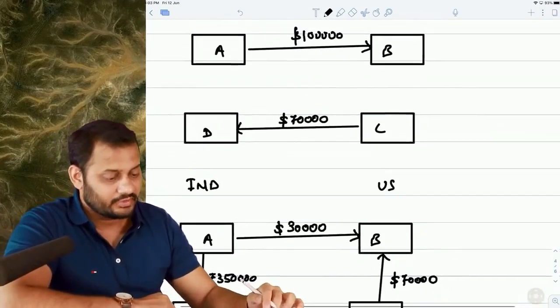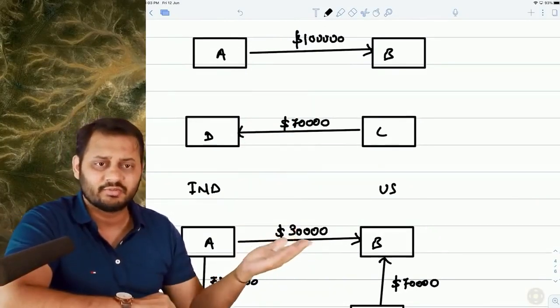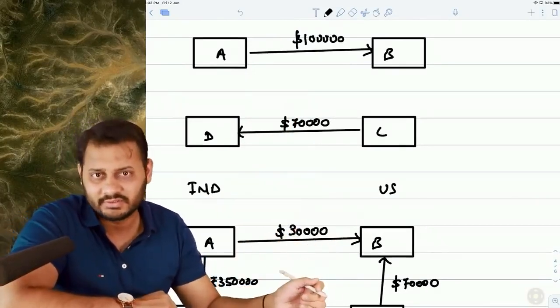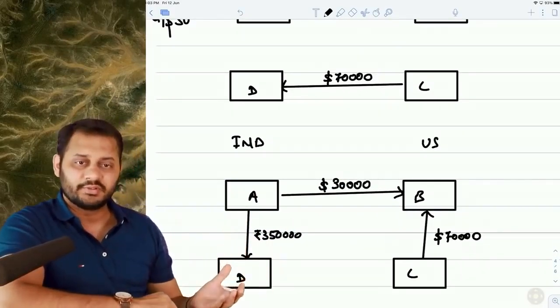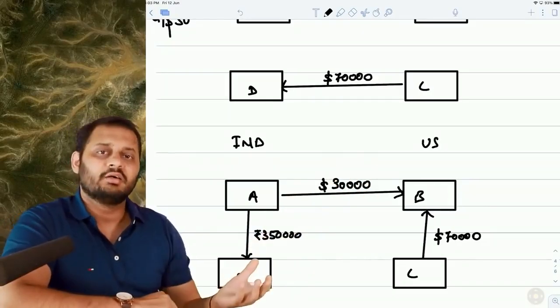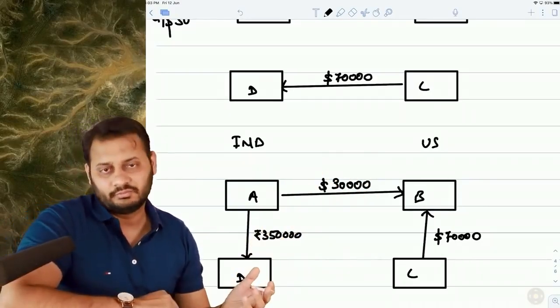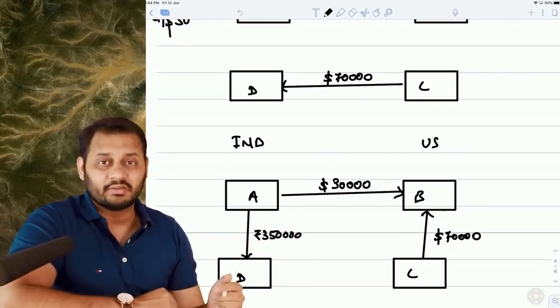Now, from the angle of B, he was supposed to receive $1 lakh. He is receiving $1 lakh: 30 from this, 70 from this. A was supposed to pay $1 lakh and he is paying 3,50,000 rupees to D and paying $30,000 to B. In terms, it is $1 lakh only. If you convert this in dollar, it is $1 lakh. So what is happening?